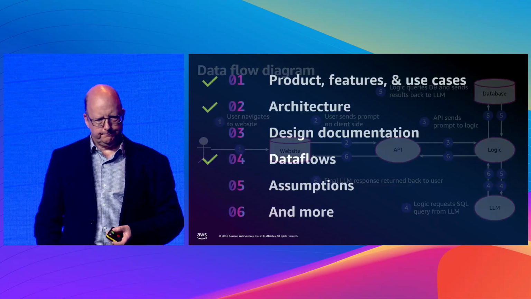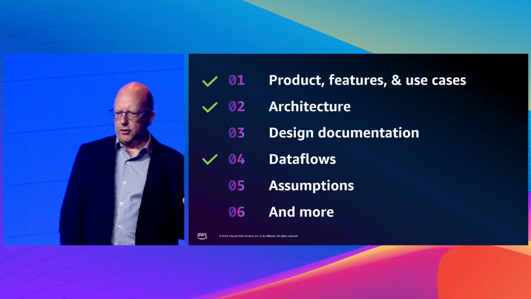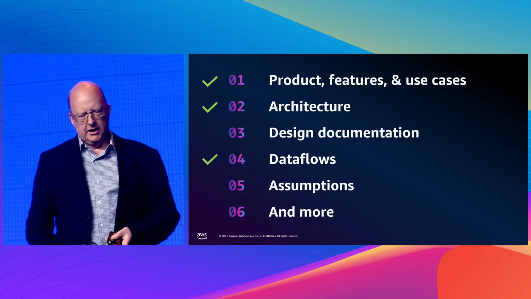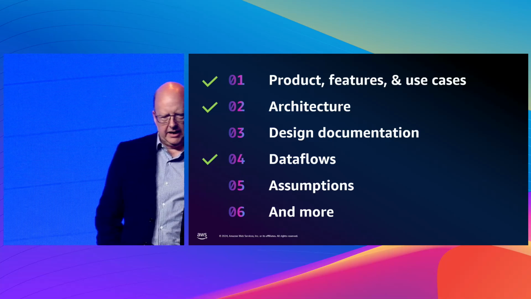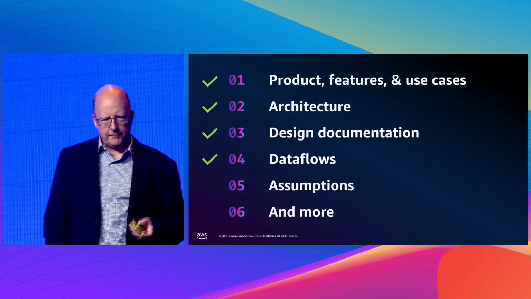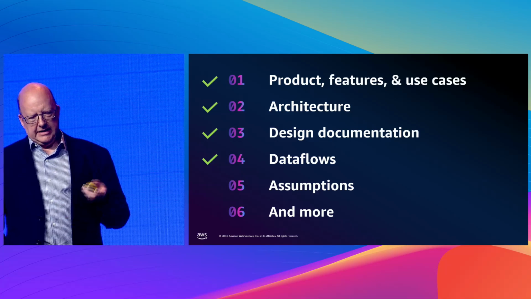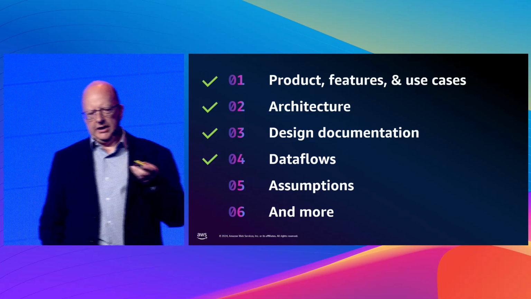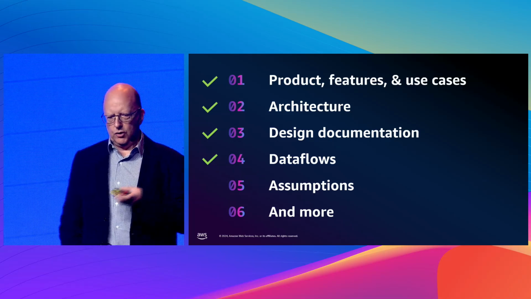So we covered the main points. But here are some other key things. There's 6 up here. So we've covered 3 already. The product, the features at a high level, how does the product actually work, and what functionality does it have? But we also need to have things like documentation to go with the architecture and the data flows to break down the design decisions, what goes in, what goes out.